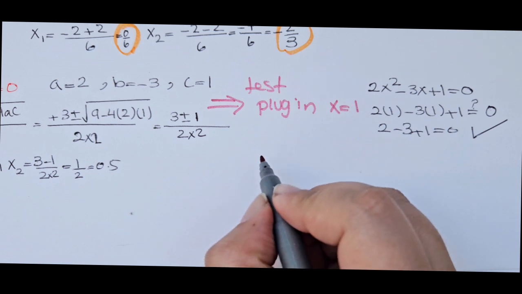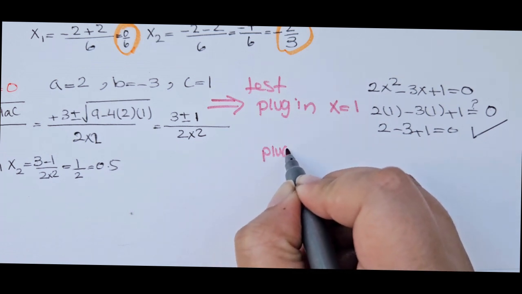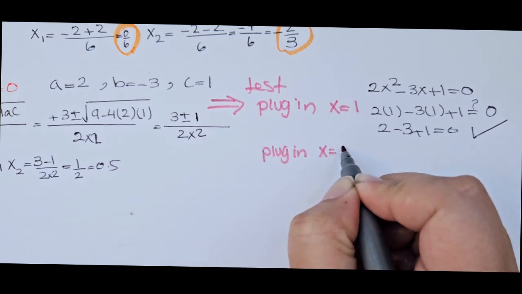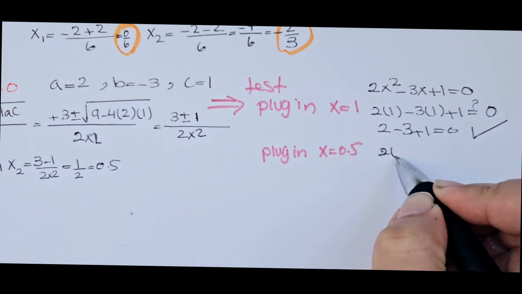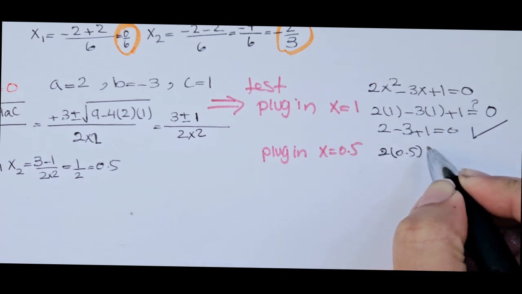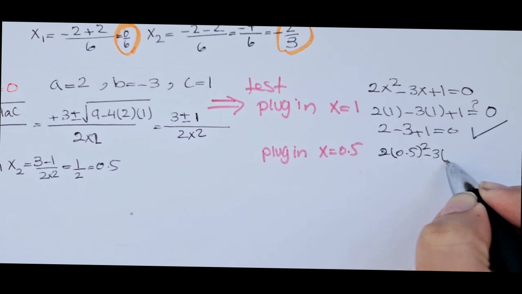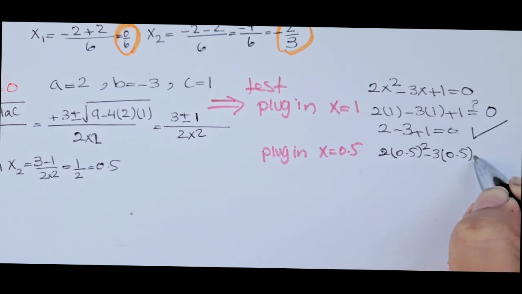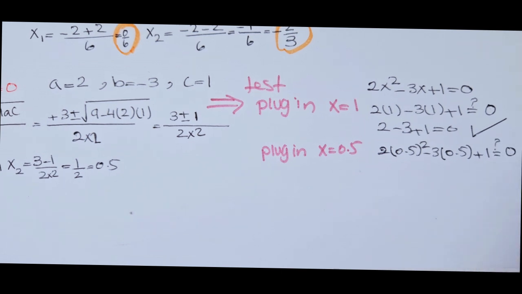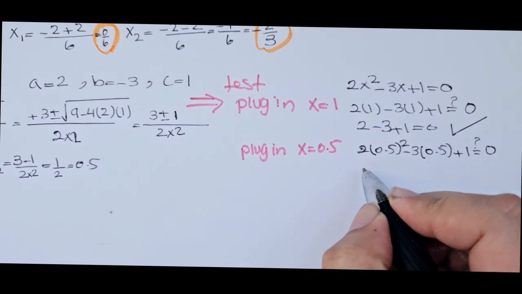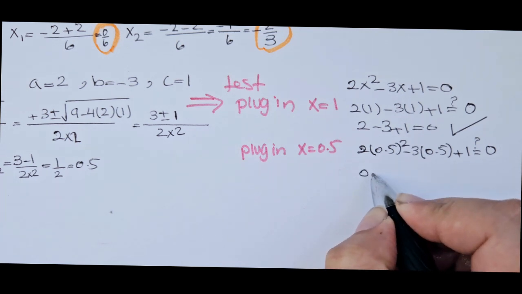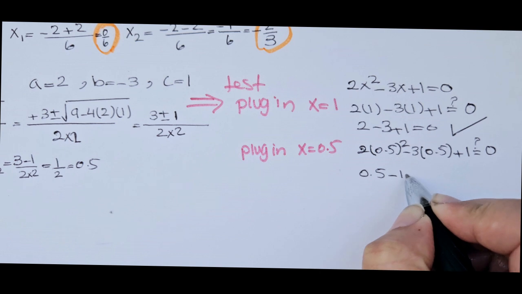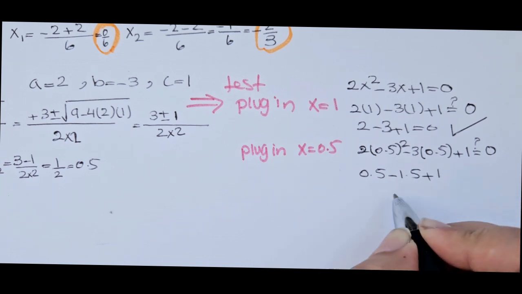The second one is to plug in a half. X equal to half. So 2 times 0.5 to the power 2 minus 3 times 0.5 plus 1, is it 0 or not? So 0.5 to the power 2 is 0.25, times 2 is 0.5, minus 1.5 plus 1.